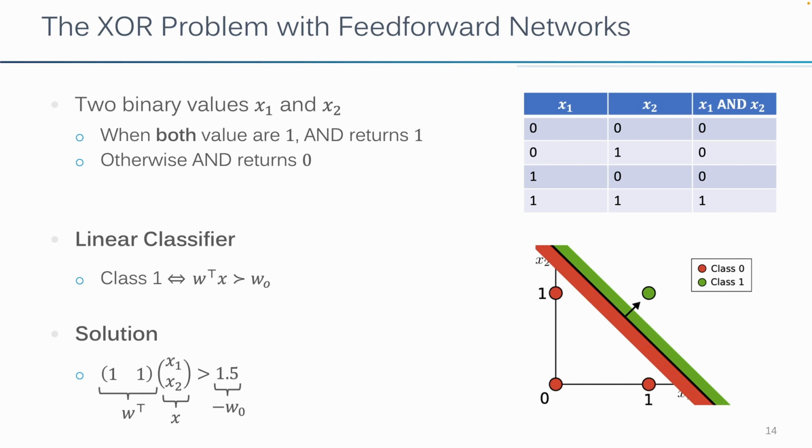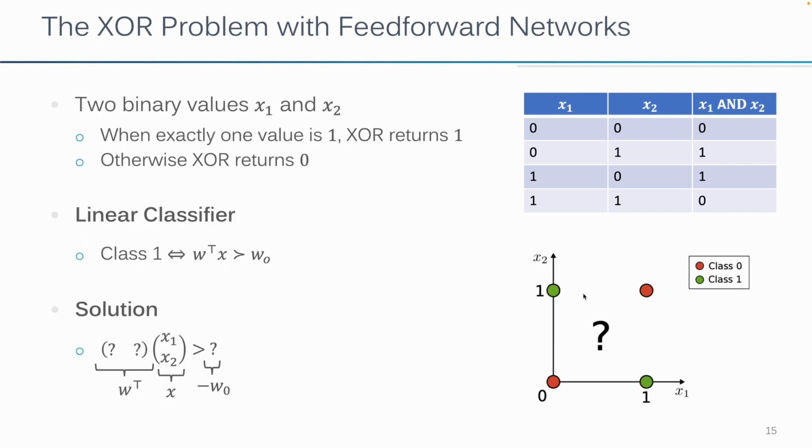What if we take another operator that looks like this, XOR? In this case, we only return 1 if one of the values is 1, but not if both. So it is 1 in 2 cases, where one of the values is 1 and the other one is 0. If both are 0 or both are 1, it is 0. If we take the line from before, we can use any slope and any offset.